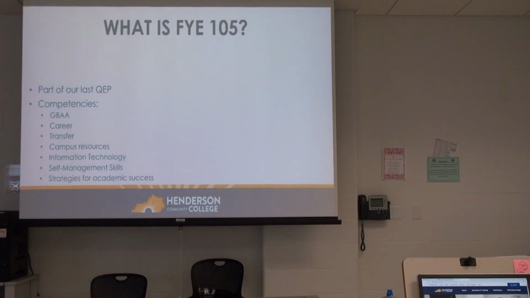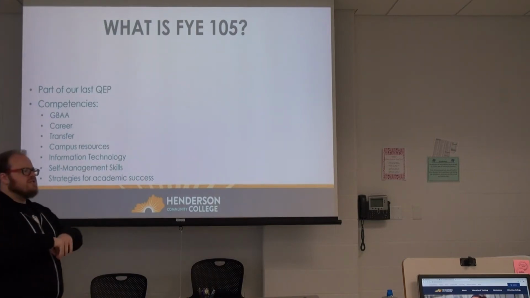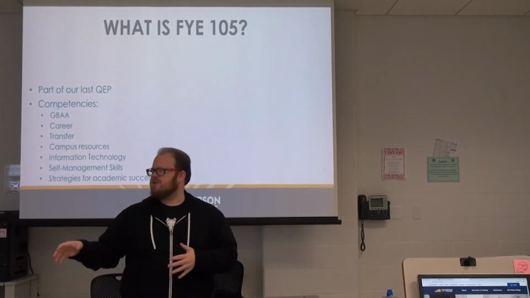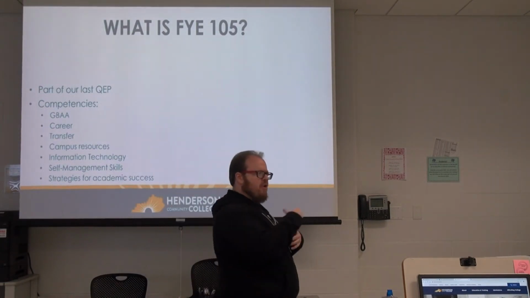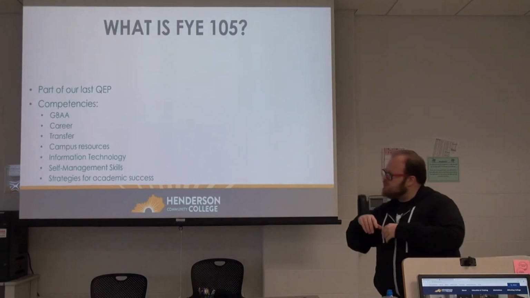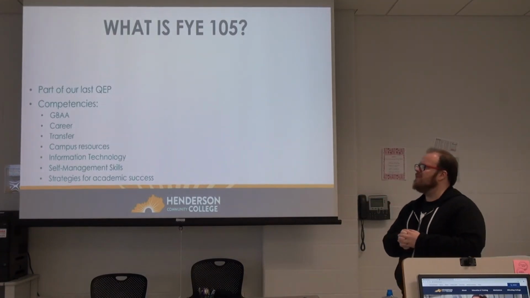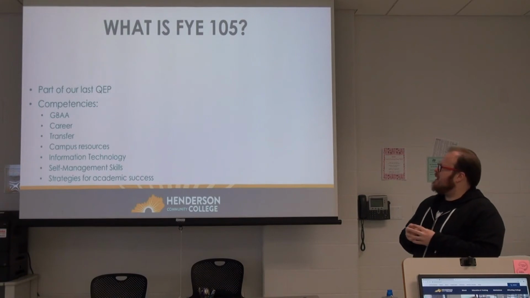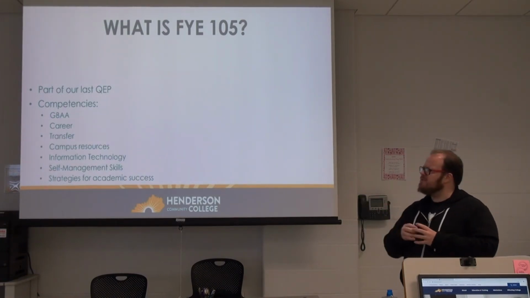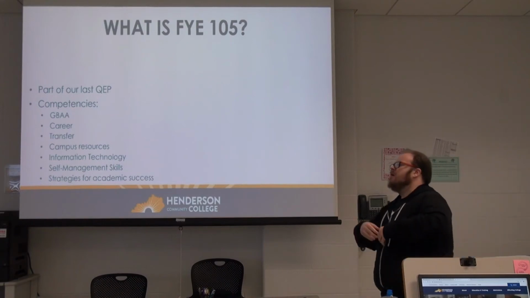So what do we cover in FYE 105? Some of the competencies are developing a goal-based academic agreement, or GBAA, which is essentially a plan of how you're going to get from where you are now to graduation. There's a lot to that, of course. There's a career aspect. One of the papers, at least in my class, is a career paper, but there has to be an element of career exploration.